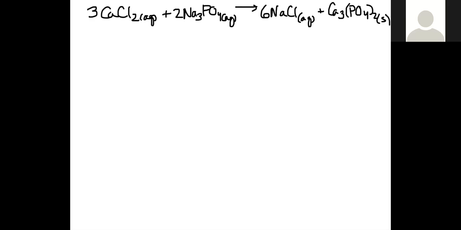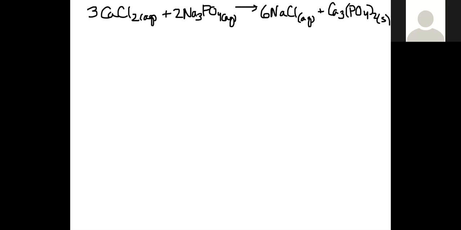So in this case, what type of reaction is this? There are two types: precipitation and double displacement. The one that's important is precipitation, because I'm going to end up with grams of something, but I'm going to start with volumes.